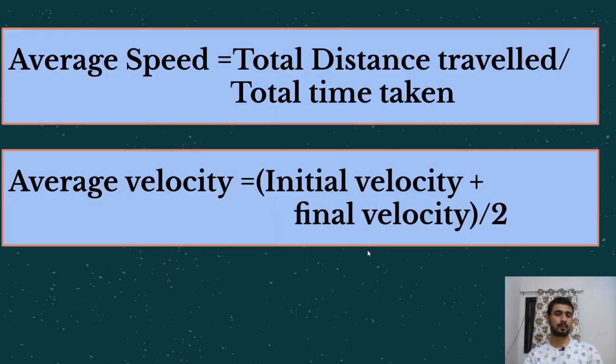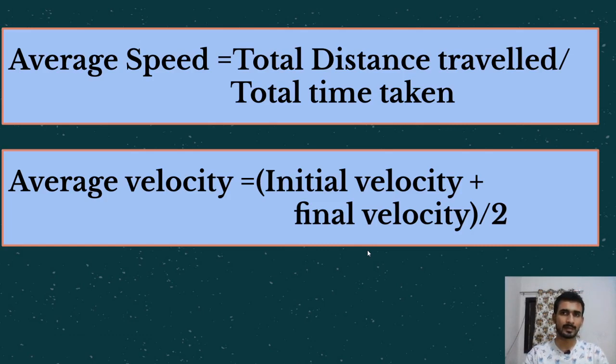In your textbook also comes one more concept, that is average speed. Average speed is total distance traveled upon total time taken. Here is a good example in your textbook: a body moves 16 meters in 2 seconds, and then it travels 16 meters in 4 seconds.